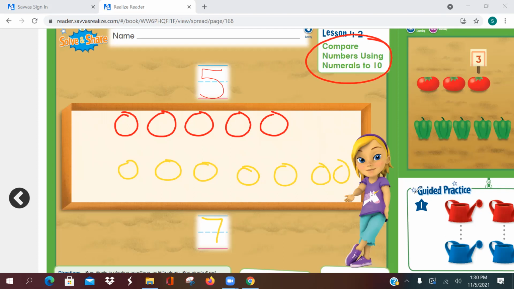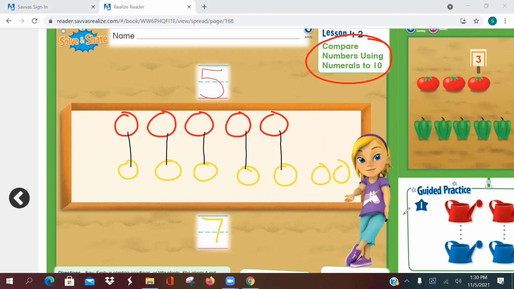We are going to circle the number that tells which group has more. So let's compare the two groups first. We'll do 1 to 1. Let's compare the yellow and the red.